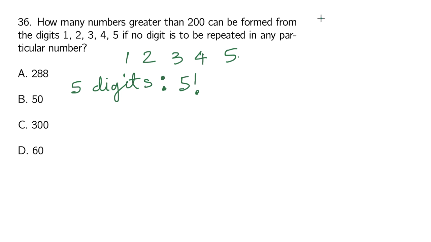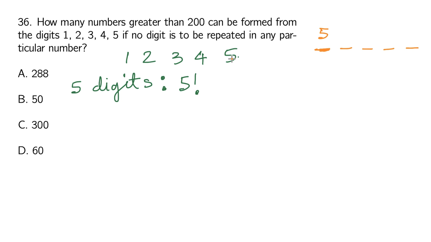The reason is that if you want to form a 5-digit number, you can think of it this way. A 5-digit number has 5 slots for the 5 digits, 1, 2, 3, 4, 5. Now in this first slot, you have to put one of these numbers, 1, 2, 3, 4, 5. So how many options do you have? You have 5 choices. Once you fill this, you are not allowed to repeat that number.